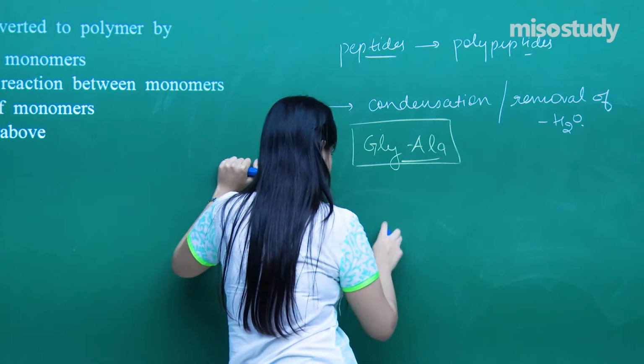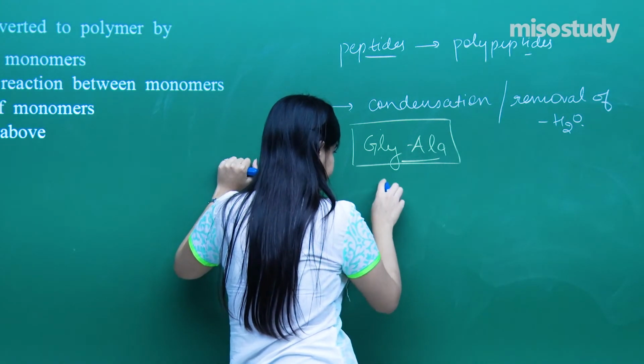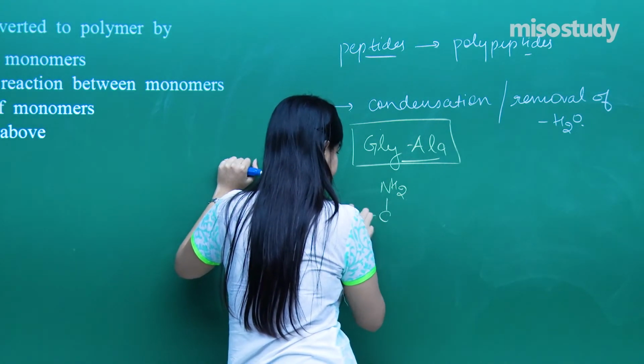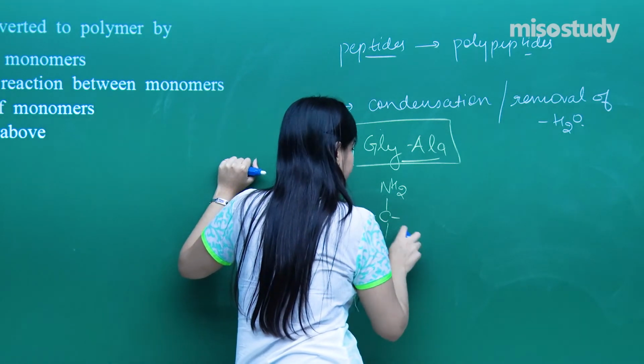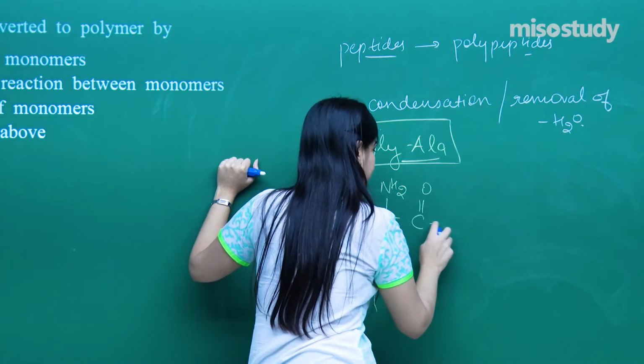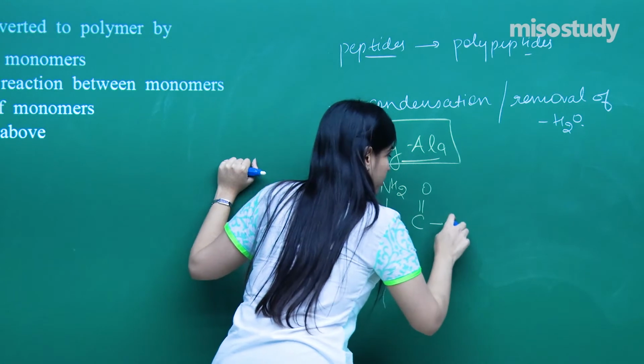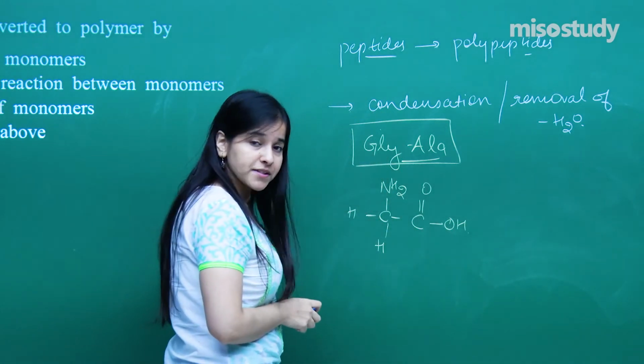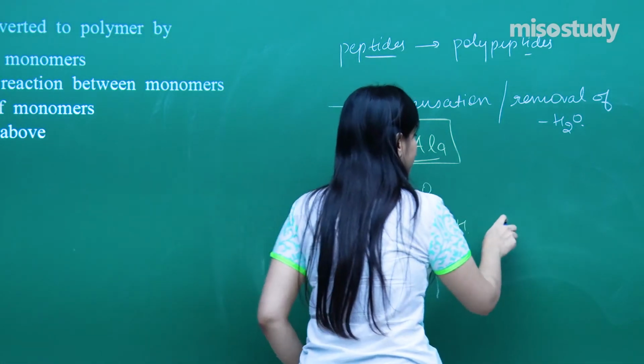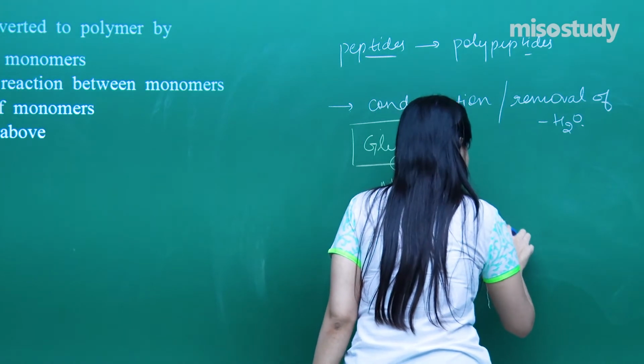Okay, let me just write it again. So I am connecting the two. The glycine would be something like this, and let me just make the alanine.